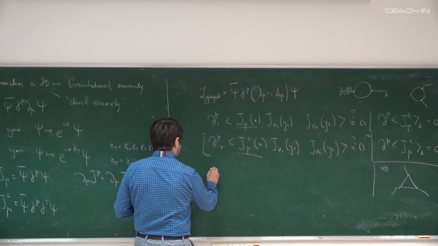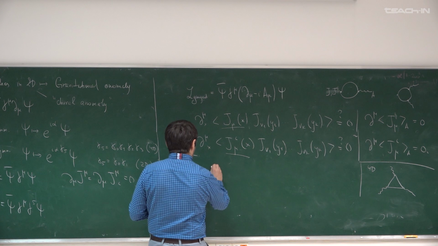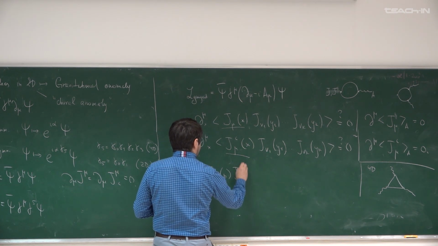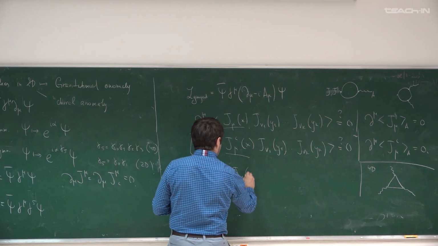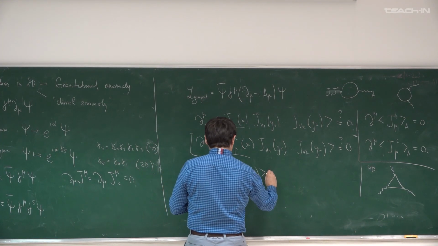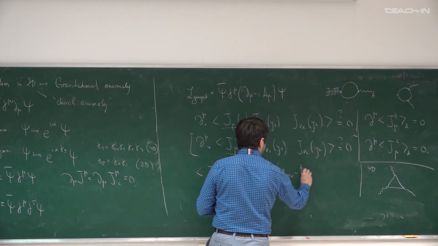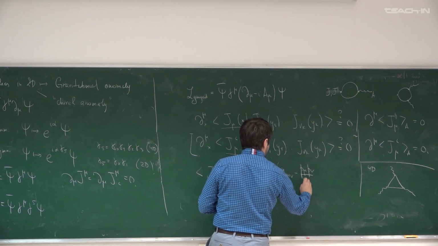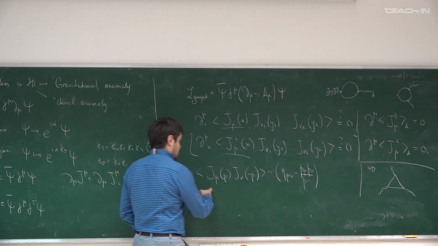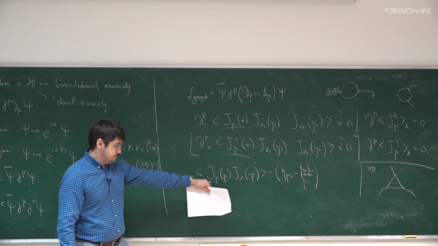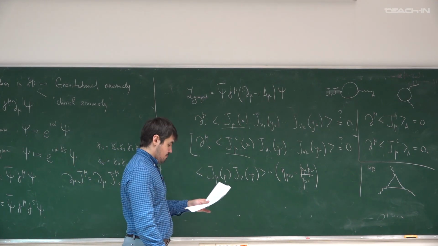The explicit calculation tells you that the two-point function of these is proportional to the transverse combination. So this is conserved. If you multiply this with p mu, this is going to be 0.